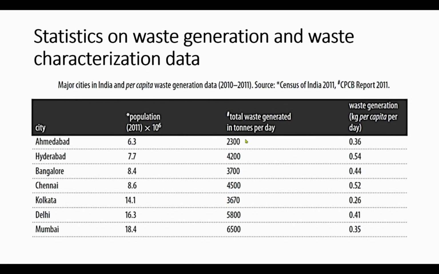So from that, I remember the waste per day of a steel industry, near about more than 4000 per day. Then Kolkata, also more than 3000 per day. Delhi, you can see over here, more than 5000. Mumbai, more than 6000. You can just see the values. This is tons per day.